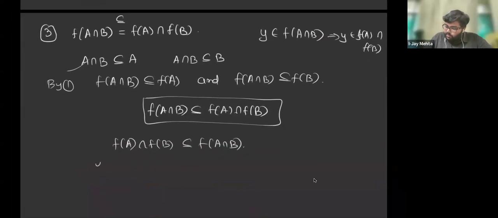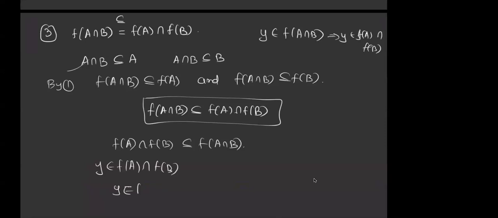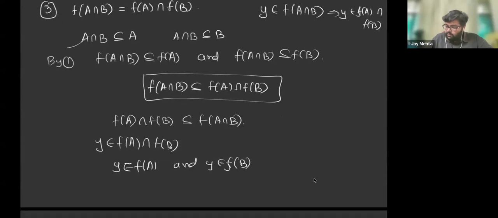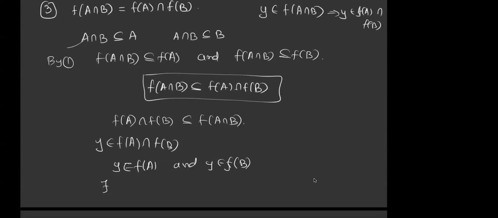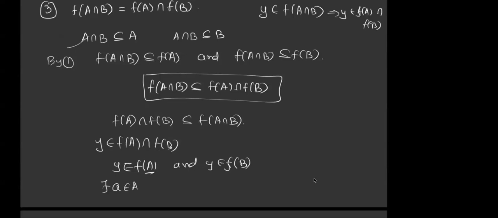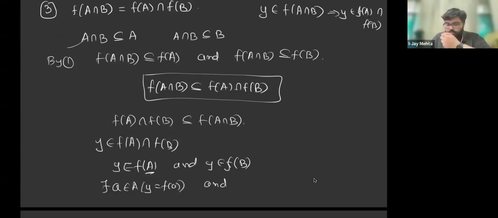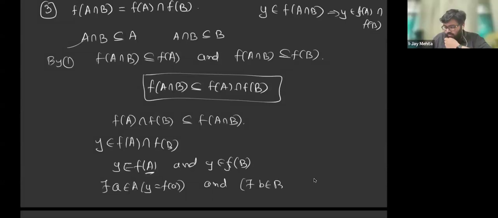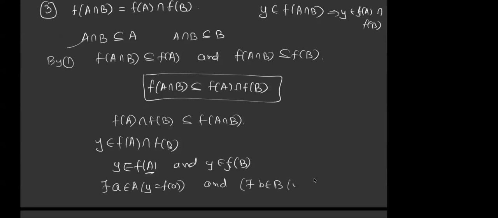So you have taken y in f of A intersection f of B. So I have y belongs to f of A and y belongs to f of B. Okay, good. Then there exists some element in A, so let us call it a, small a belongs to A such that y is equal to f of a. And there exists small b belongs to capital B such that y is equal to f of b.